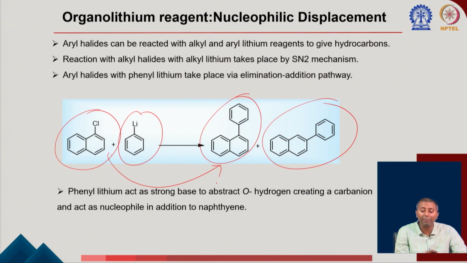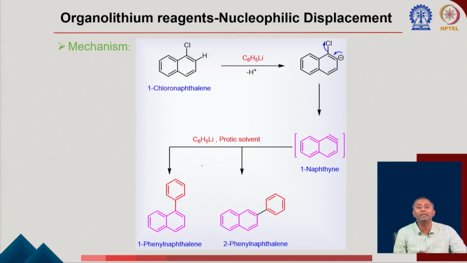So what is happening here? Something else is happening. I think I already covered in the class: this is going through a benzyne or aryne intermediate. That is how this product is forming. If you remember, I already mentioned that once you have this type of chloride or fluoride in the aromatic ring, the metal-halogen exchange does not happen. Instead, it tries to abstract the proton, the ortho proton.